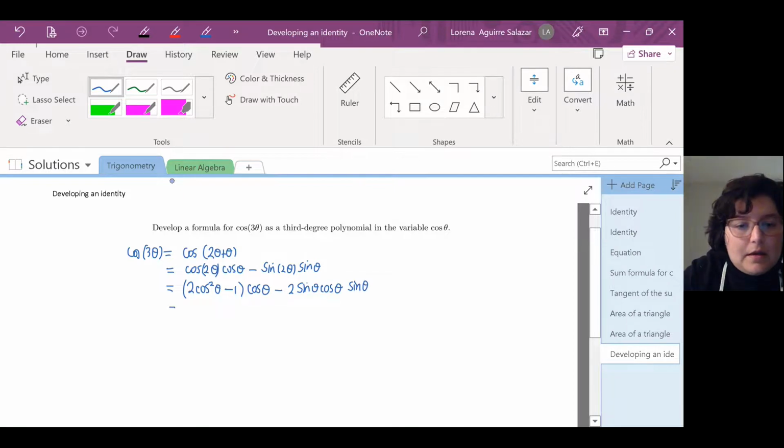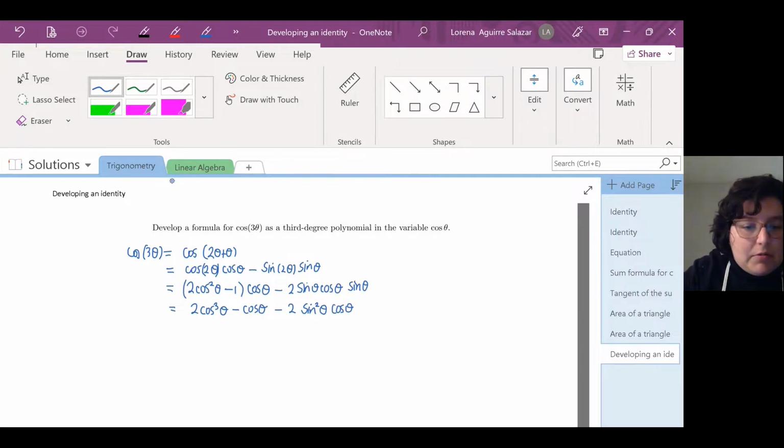Then we have twice cosine cubed of theta minus cosine of theta as we expand 2 cosine squared theta minus 1 times cosine of theta, and then minus twice sine of theta times sine of theta gives us sine squared of theta, and times cosine of theta.